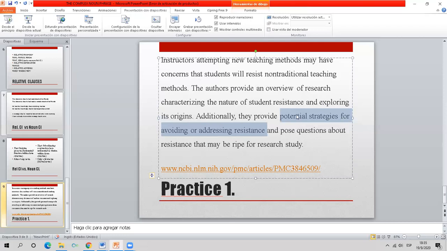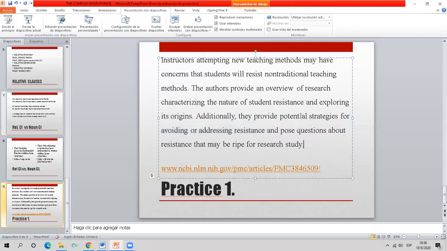We have a pre-modifier, an adjective, the head noun strategies, and a prepositional phrase as post-modifier, for avoiding or addressing resistance. And you have the preposition. The object of the preposition is a gerundial clause, okay, which has two gerunds which are coordinated by means of or.